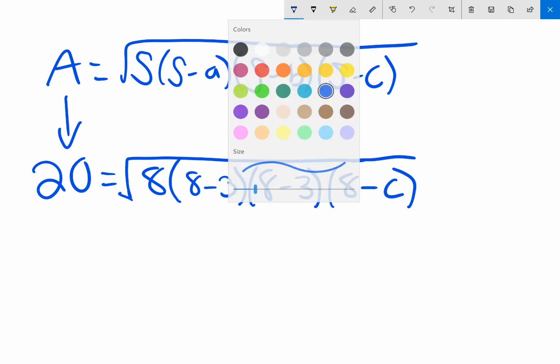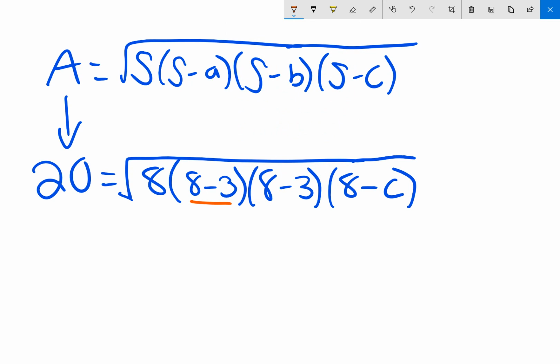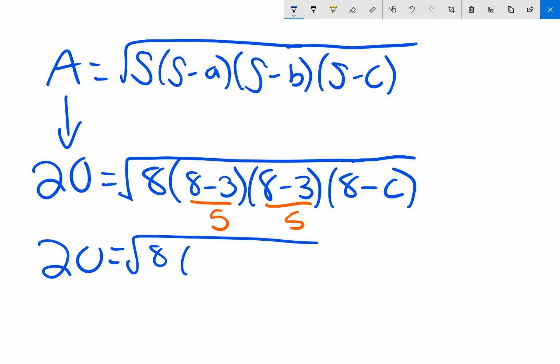Now, I know that this 8 minus 3 is 5, and this 8 minus 3 is 5. So I'm going to write that back out. Let's simplify a little bit. We have 20 equals the square root of 8 times 5 times 5, and then I still don't know what this number is over here. That's the C value.